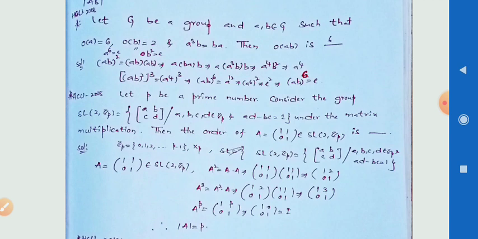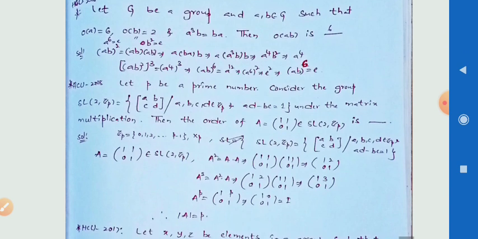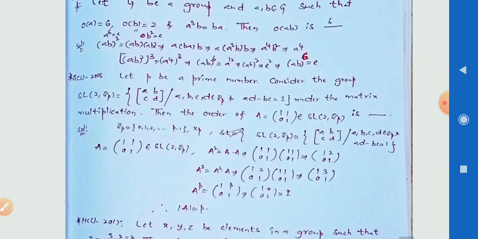The question asks us to find the order of the given matrix A. The order must be a prime number, as in Zp the numbers are 0, 1, 2, 3, up to p minus 1.